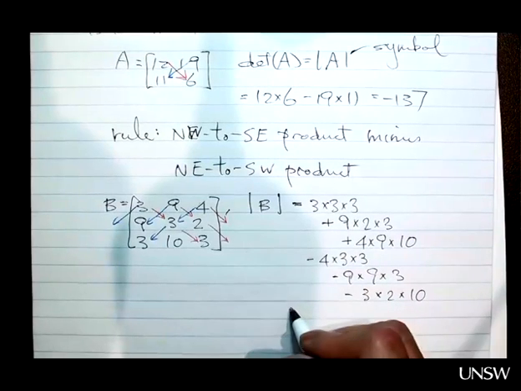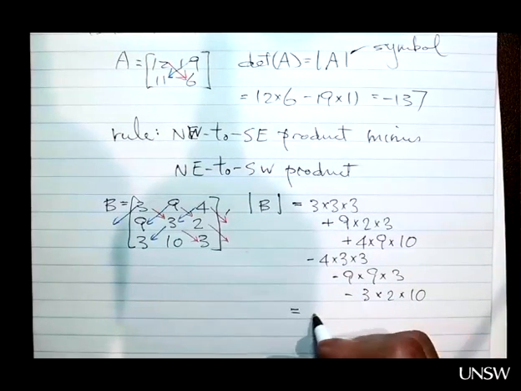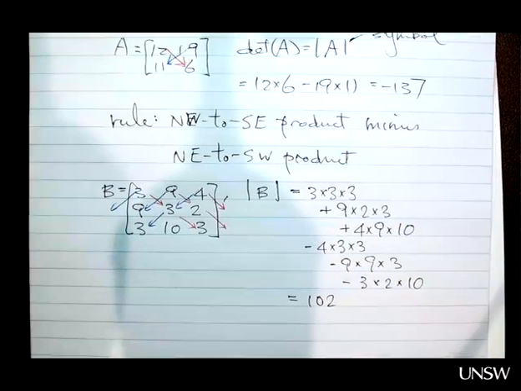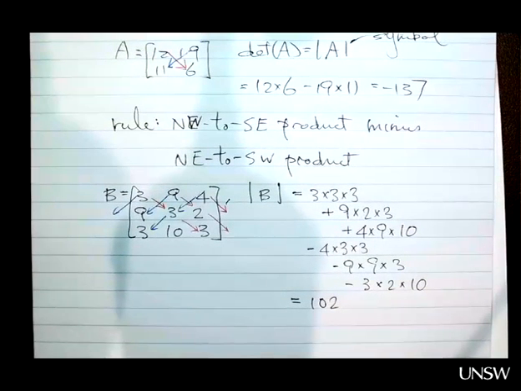And then the final result is 102. So this is the operation of the calculation to obtain the determinant.